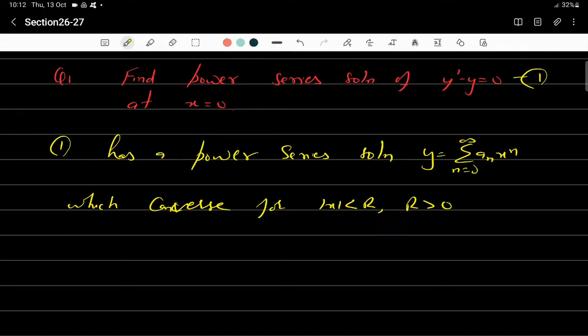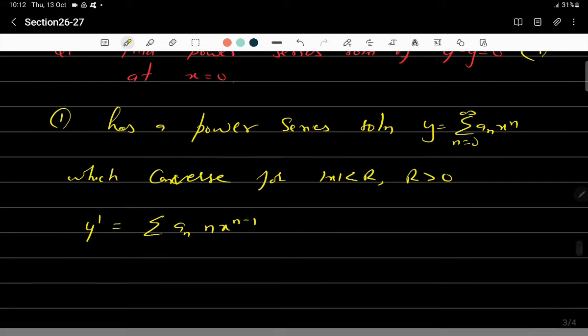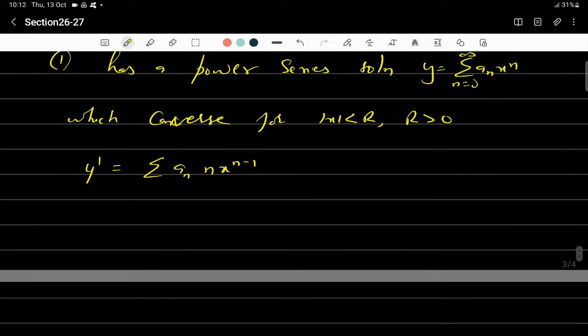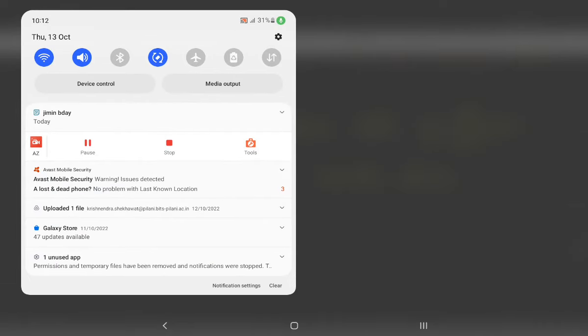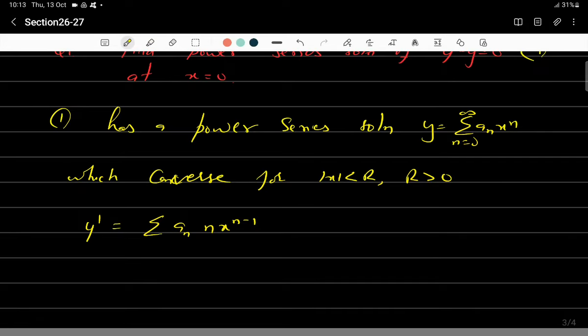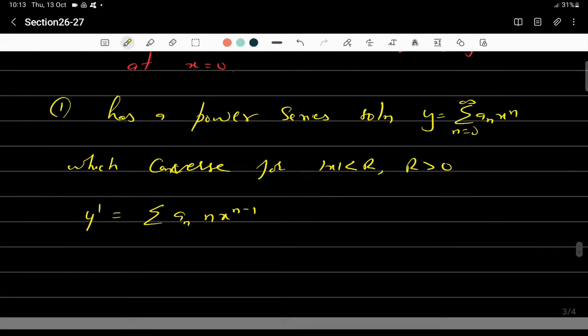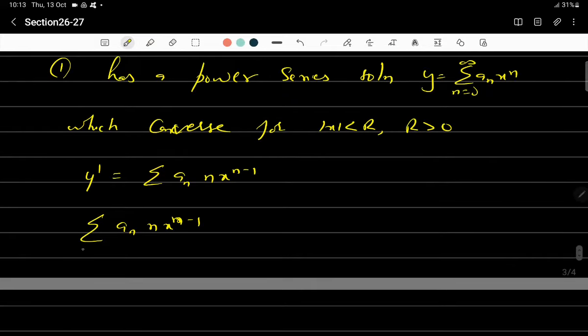Now if I have to find the solution, then my y dash would be summation a n n x raised to the power n minus 1. So if I substitute the values of y dash and y into equation 1, that gives me summation n a n x raised to the power n minus 1, and here the power is x raised to the power n minus 1.